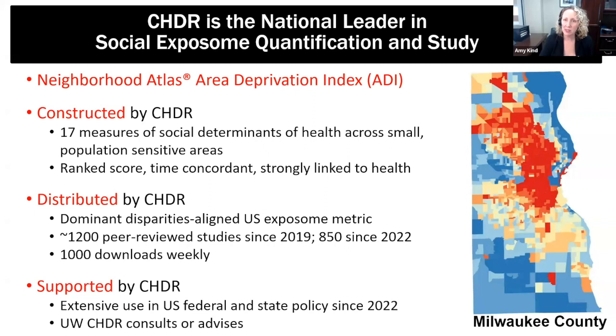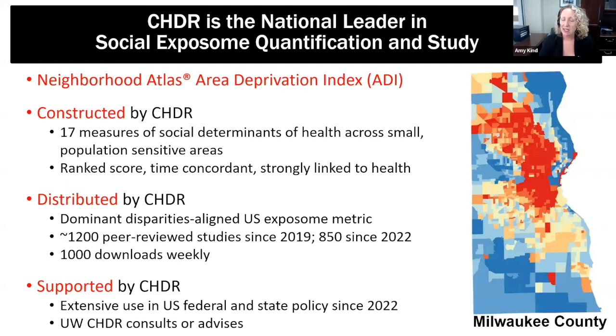But this much more precise measurement allows us to measure exposures in a way that then links better to fundamental biology because we don't make an assumption that the whole county is the same. We can determine these exposures with much more precision.